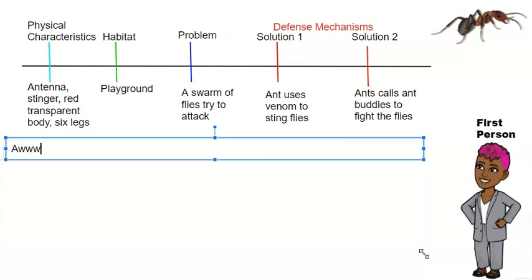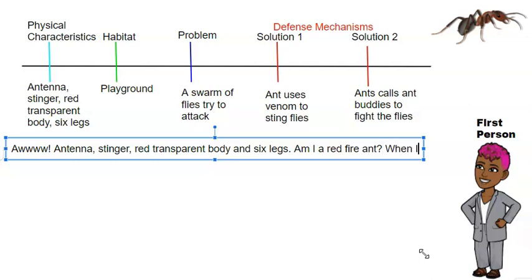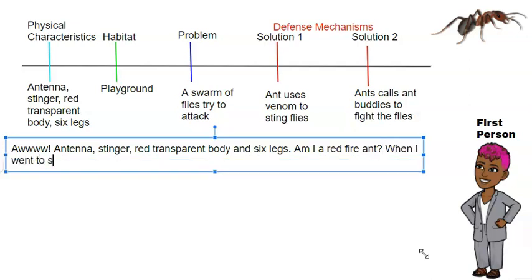I'm going to start off by saying, antenna, stinger, red, transparent body, and 6 legs. I am a red fire ant. When I went to sleep, I was a 4th grade teacher.